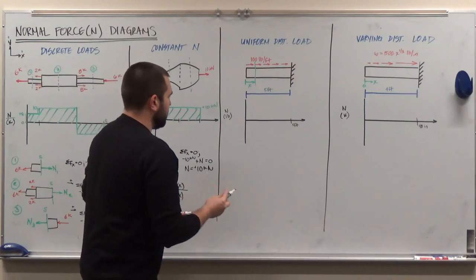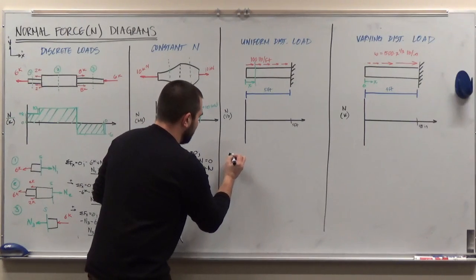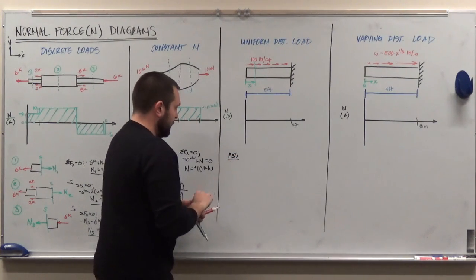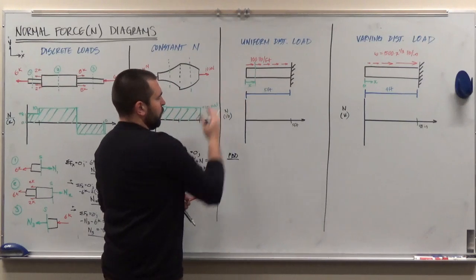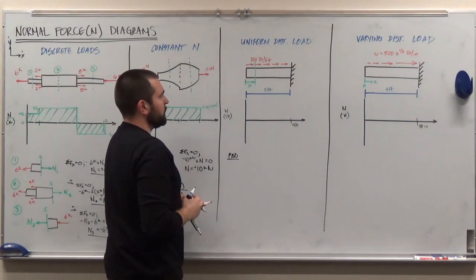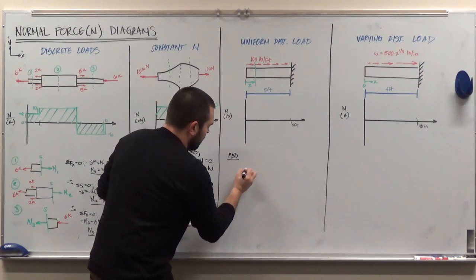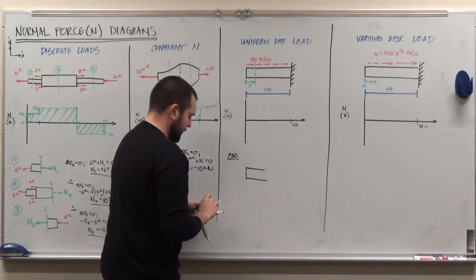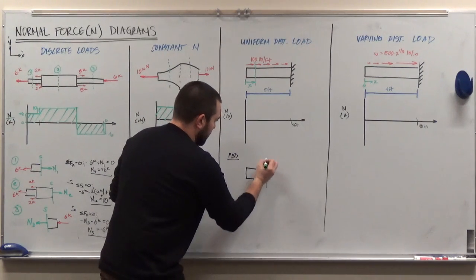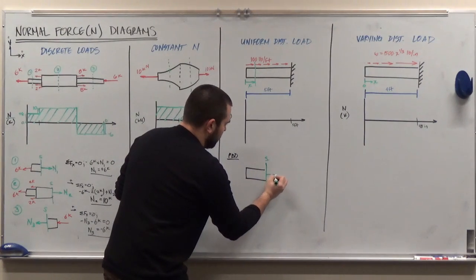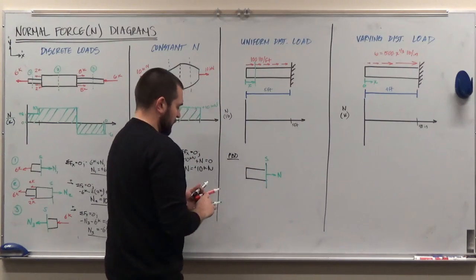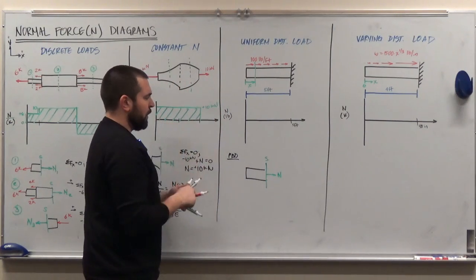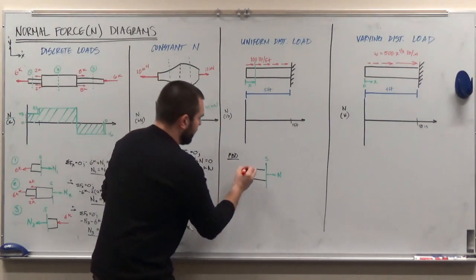So I'm just going to draw my free body diagram, and I'm going to keep the portion of the column to the left of the section cut. Give myself a little bit of room. Here's my section cut. Here is my internal normal force N, and I still need to draw my uniformly distributed load.